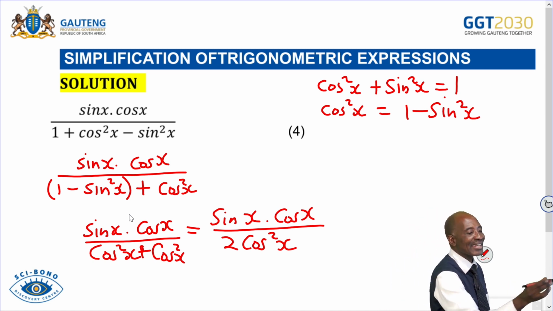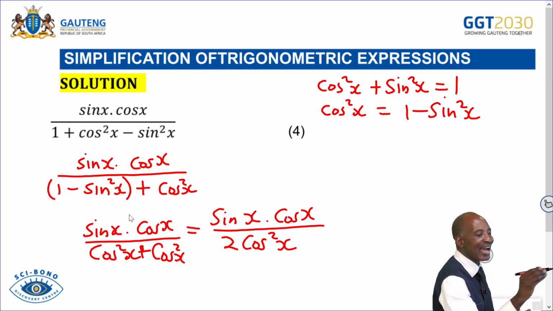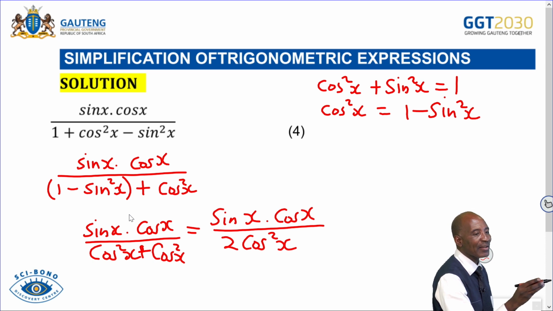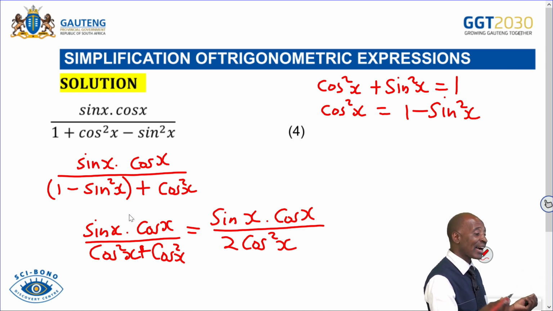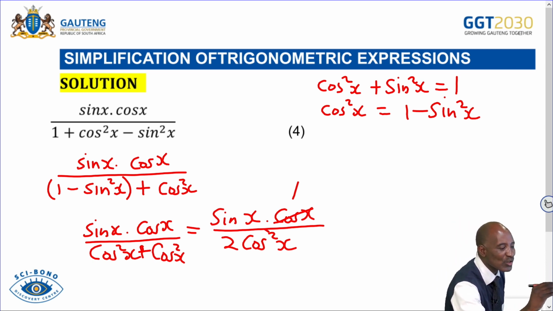Then you'll realize that there is a common factor here. There are 2 ways of doing it. It's either you factor out cos or you simplify. So I'll use whichever is appropriate for me. I'm going to divide this. Cos squared x divided by cos, 1 cos will go.